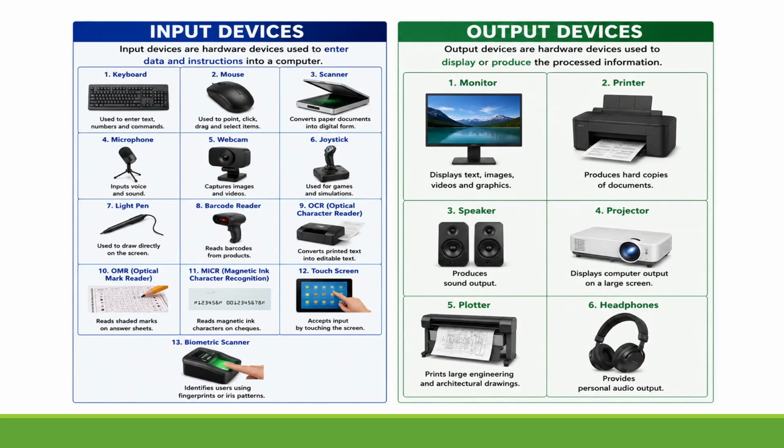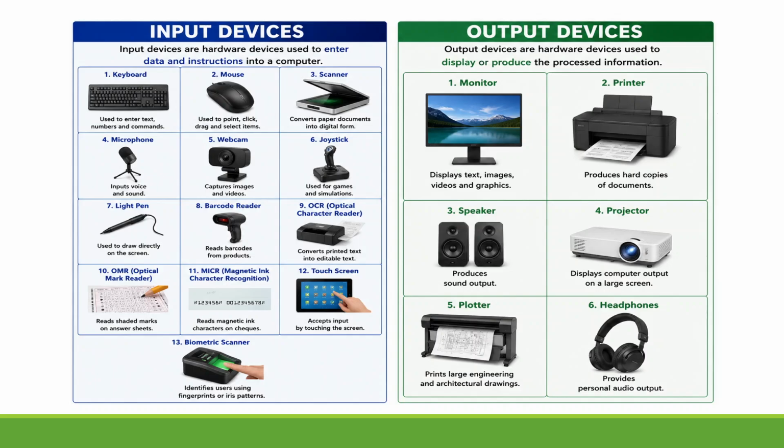One more is MICR, magnetic ink character recognition. Especially these devices are used in the banking sector to read the ink characters present on the cheque. To read the cheque details, we have the device MICR.